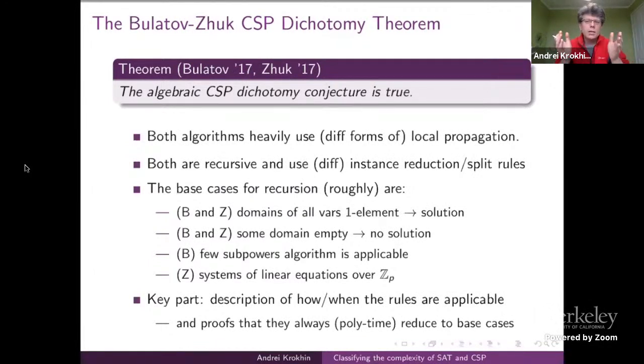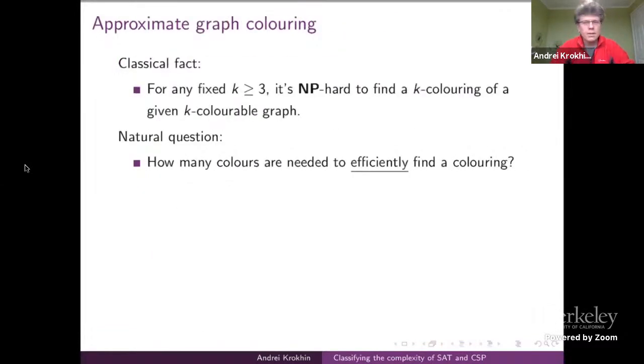So essentially, we know very little about the structure of efficient computation, the mathematical structure of it, and we want to know more. So that's the dominant motivation for this line of research now. As we were approaching, as a community, the resolution of the Feder-Vardi conjecture, some other problem was somehow lurking in the background and making some noises. And that's the approximate graph coloring problem.